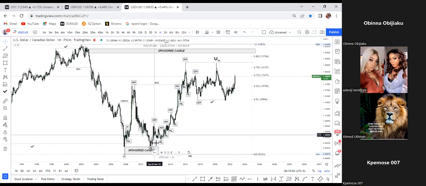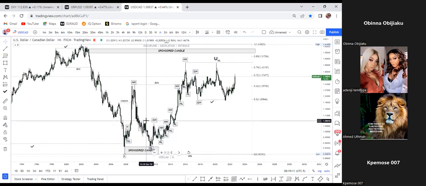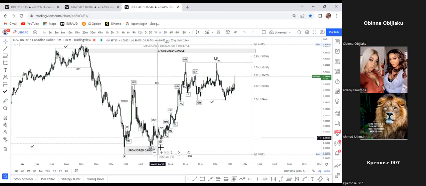This higher low now created this high, intermediate short-term high. Why is this an intermediate short-term high? Because this high did not break this high. So we have this intermediate short-term high creating this new what? Higher low.